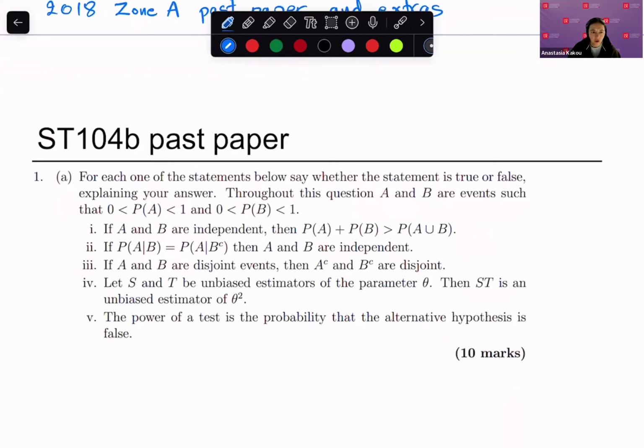exercise, where you have a list of five questions where you need to answer whether the statement is true or false, but you need to justify your answer. In this type of question, try to stick to definitions and properties.